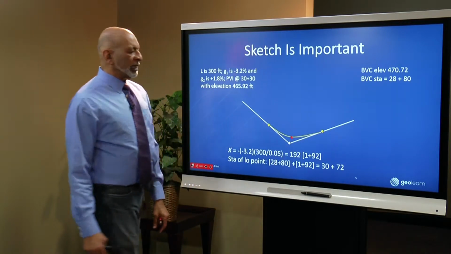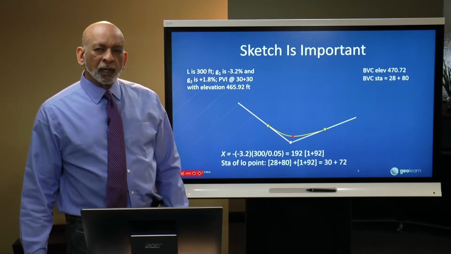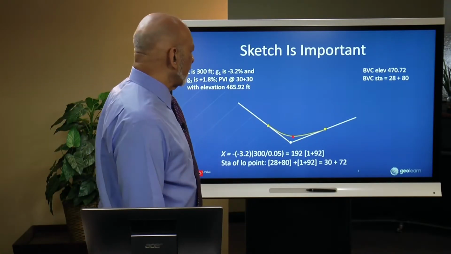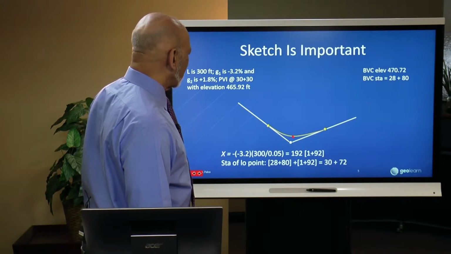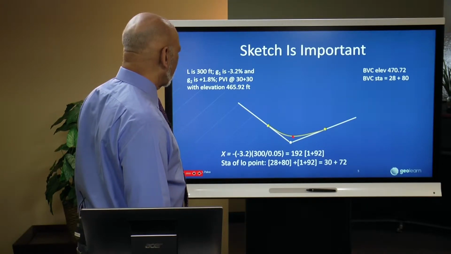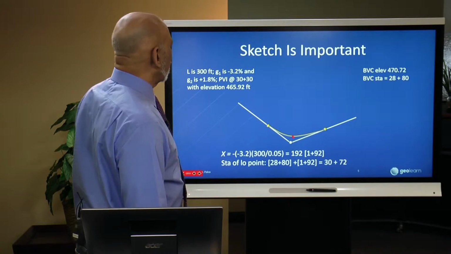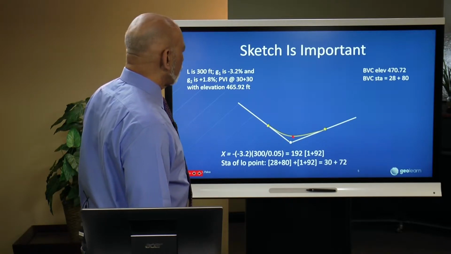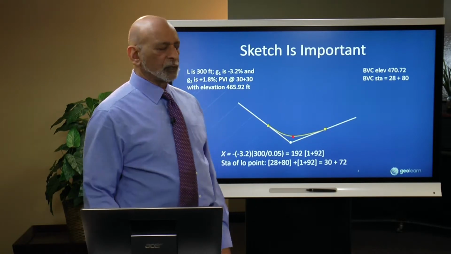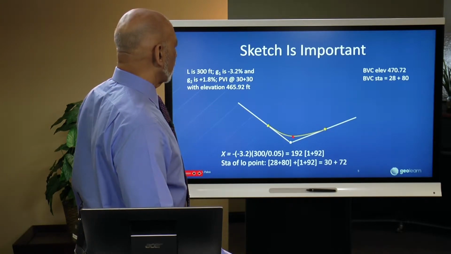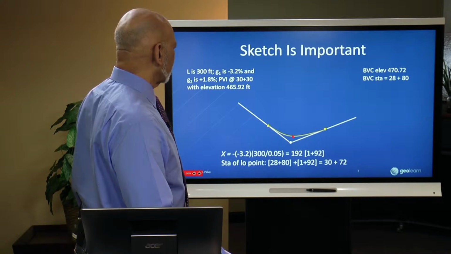So in terms of stationing, that's 1 plus 92. So the stationing of our low point would be 28 plus 80, which is the beginning of our vertical curve. And then we add the 1 plus 92 to get 30.72, or 30 plus 72 for the stationing of the low point on the curve.